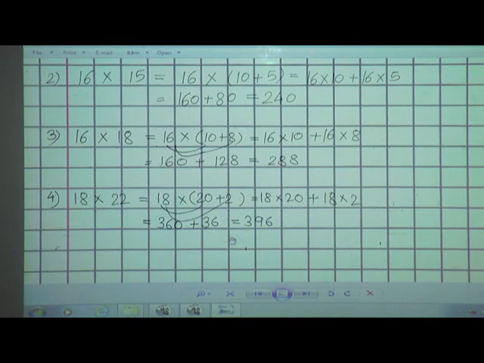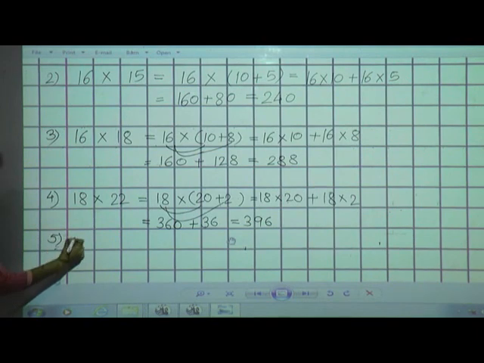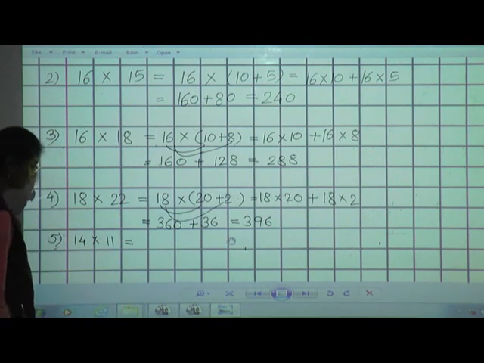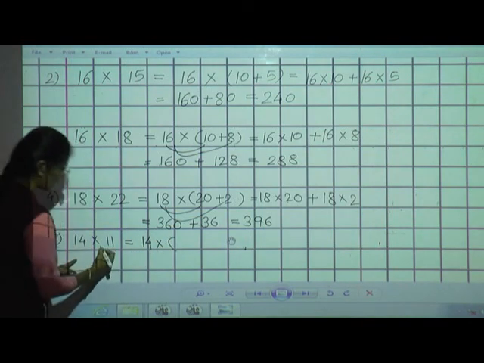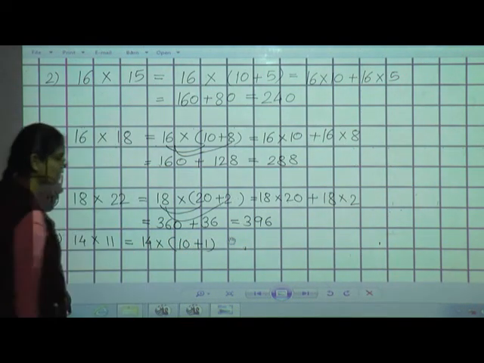Now here one more example is remaining, that is the fifth number. It is very easy. What is the number? 14 into 11. Now what you have to do? This 14 you have to keep as it is, into 11 you have to split up in this way: 10 plus 1. It is very easy.